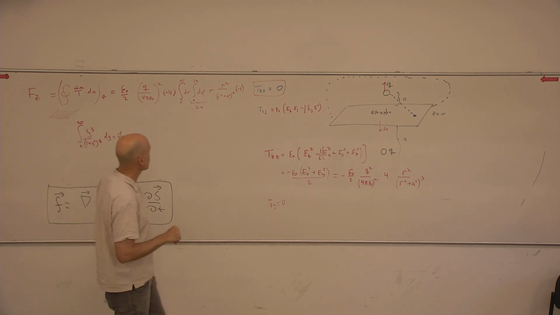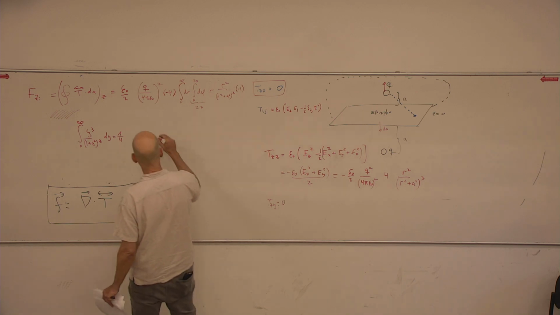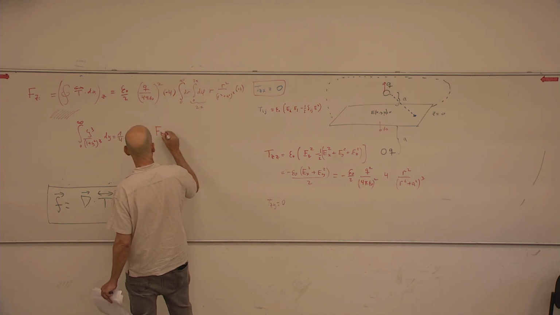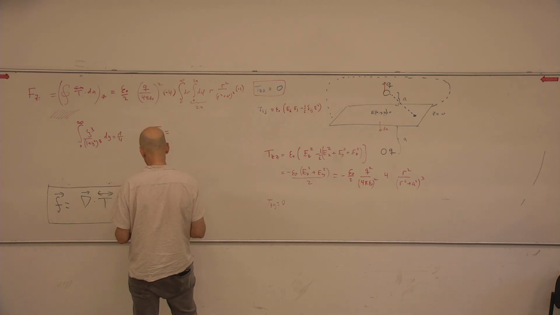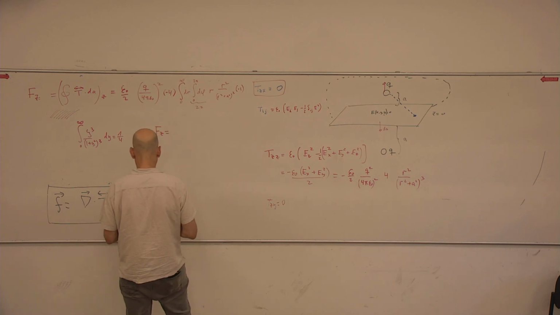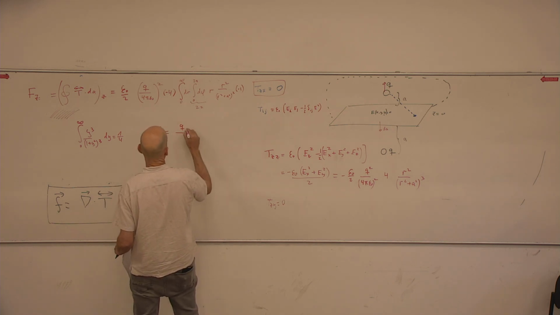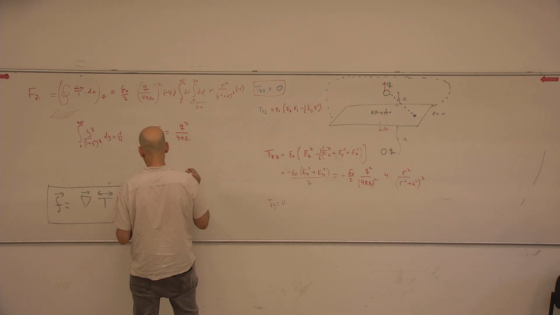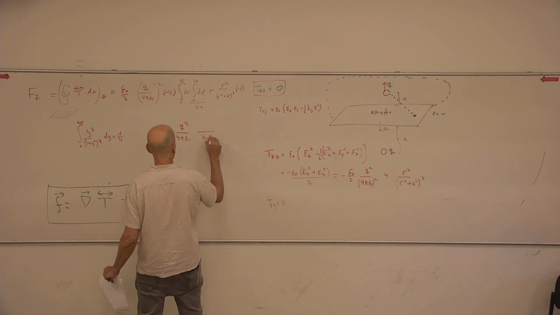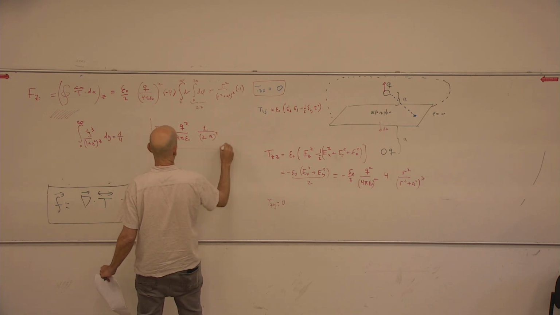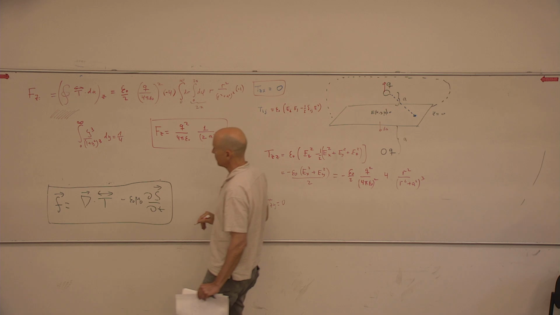You can show this. And then Fz, if you do this integral, eventually gives you what you expect, which is q squared over 4 pi epsilon 0 times 2a to the power 2, as you expected.